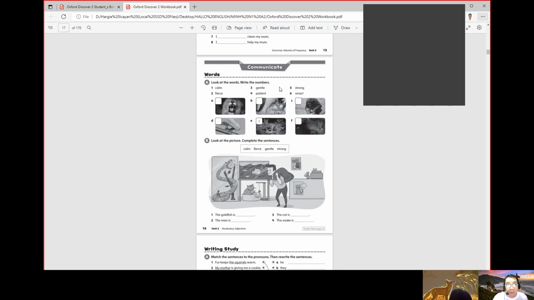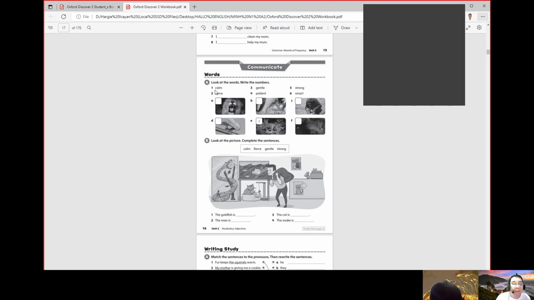So in the communication part, look at the words, write the numbers. We have words such as calm, fierce, gentle, patient, strong, and smart. Can you read them all, Min, before we answer them?